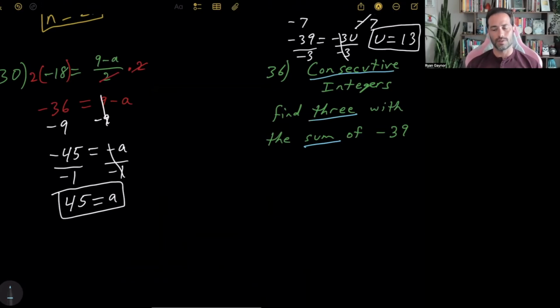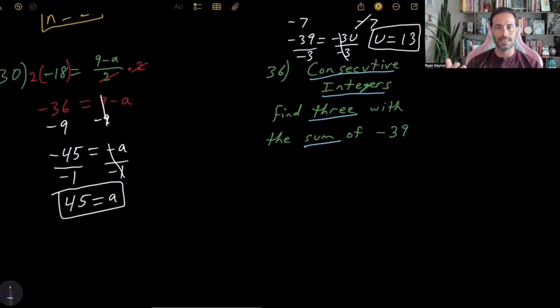Then it says integers, which is actually another key word. What is an integer? Well, an integer is all the negatives, 0, and all the positives, but it's no decimal and no fraction.